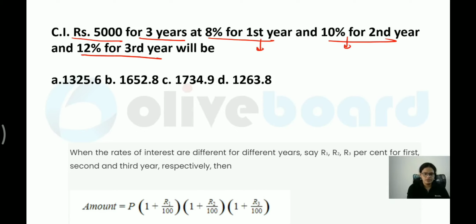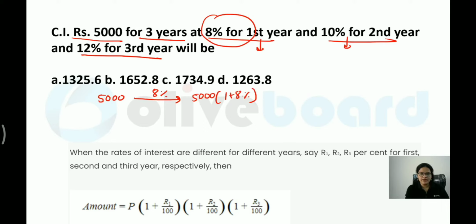Okay, so suppose principal value is 5,000. Let me go by the basics. Okay, so here first year how much would be the interest? 8% over here. 8% means what would be the value of amount over here? You can write down the value 5,000 1 plus 8%. Okay, this is the value that will be added, or you can write this as 5,000 into 1.08.